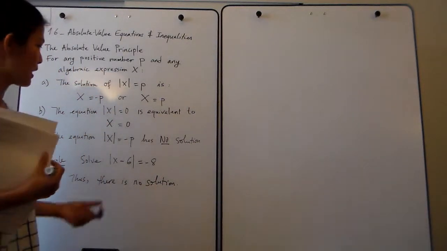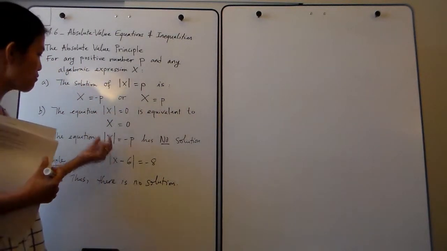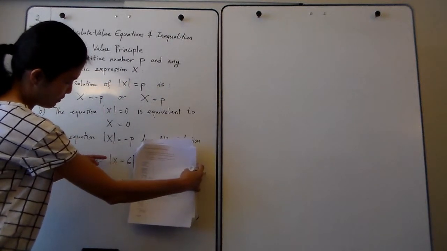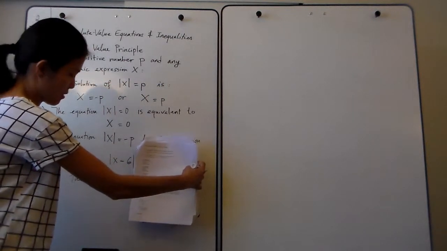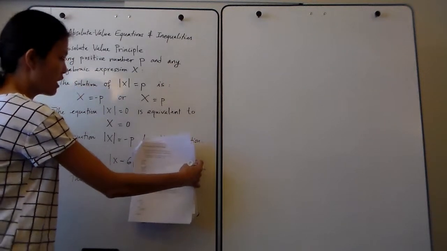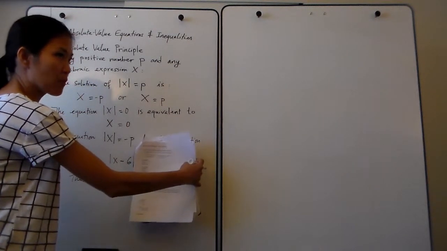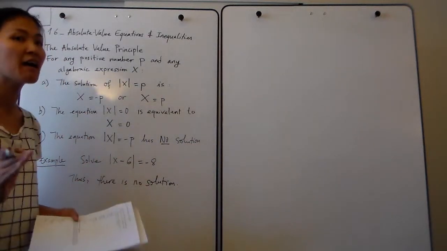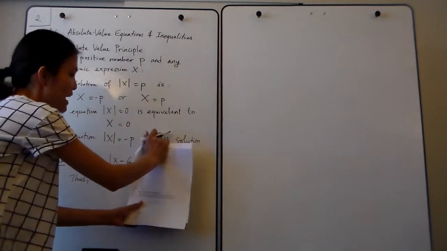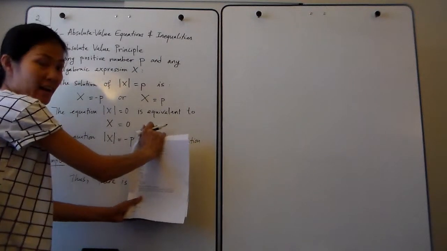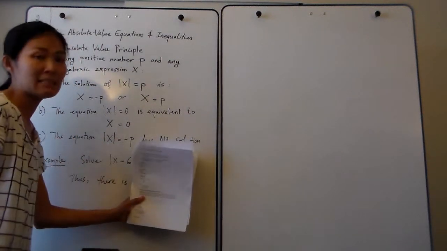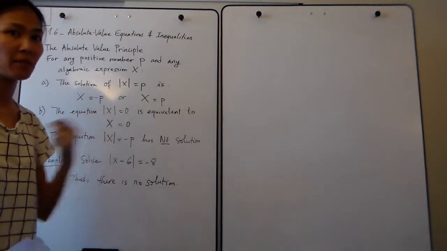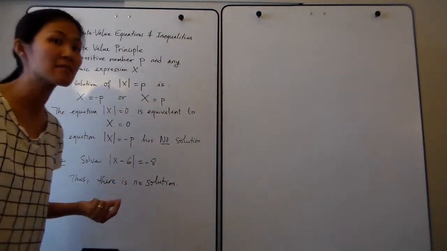Makes sense to you, right? Because remember, the absolute value of x minus 6 is always greater than or equal to 0. It's never a negative number. And again, remember absolute value represents distance. So distance from A to B is always positive, right? There cannot be a negative distance.